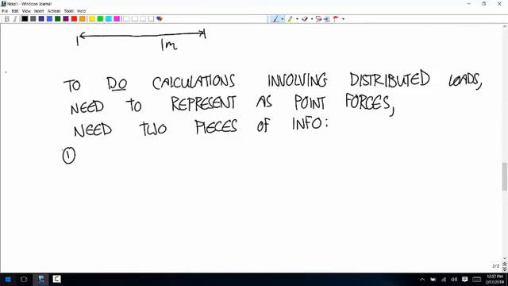First is how big that point force has to be, the magnitude of the point force. Well, you would also need to know the direction, but for us, these distributed loads are always going to act straight down, so the point force is always going to act straight down. But the other thing we have to know is where that point force is going to be applied.